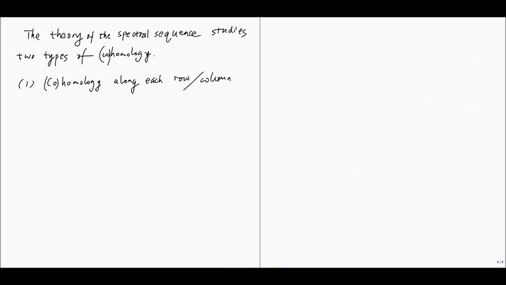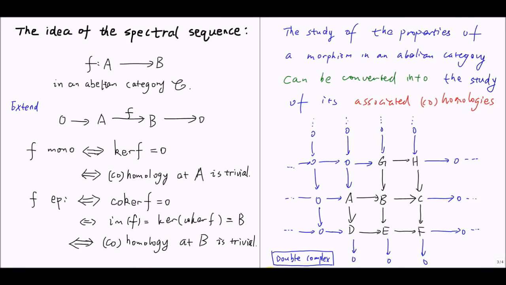The second type is the homology or cohomology formed by the total complex of this double complex, i.e., by taking the direct sum of the objects along each anti-diagonal line, and we will form a single complex from this double complex.